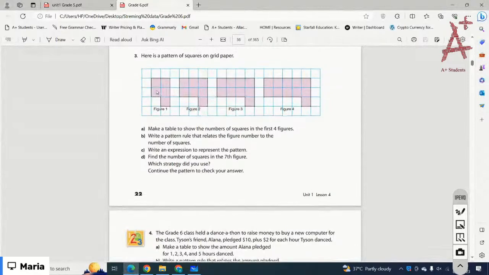In figure 1, you have 1, 2, 3, 4, 5. Figure 2, you have 7. Figure 3, you have 8. And figure 4, you have 11.